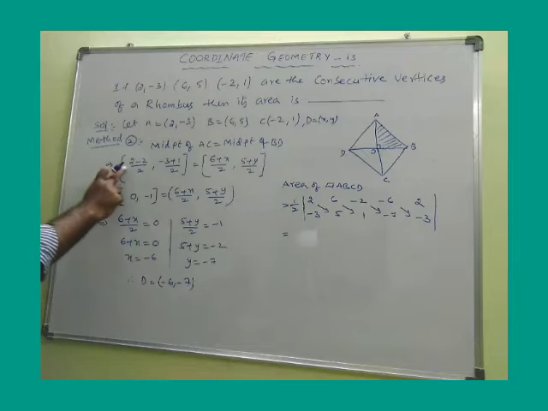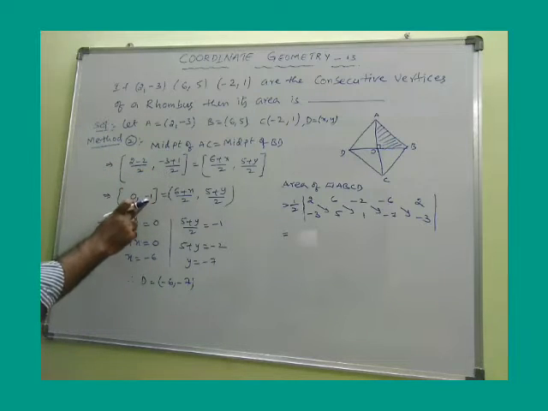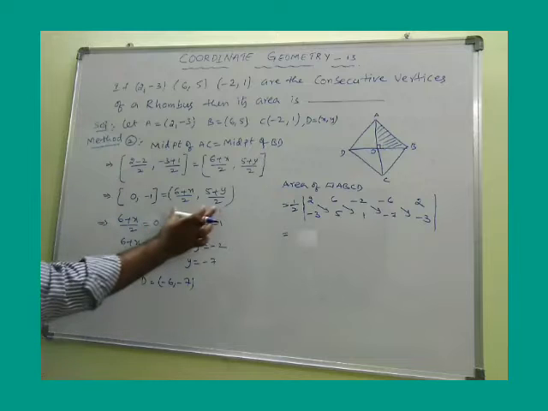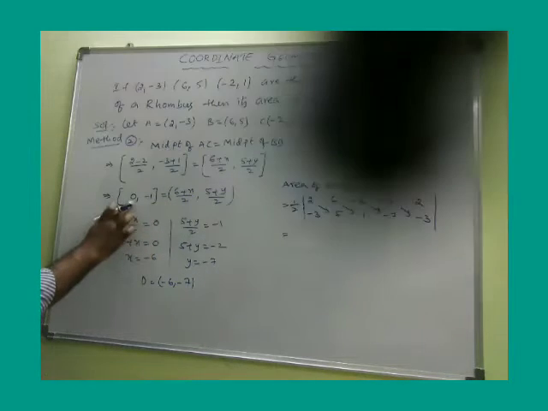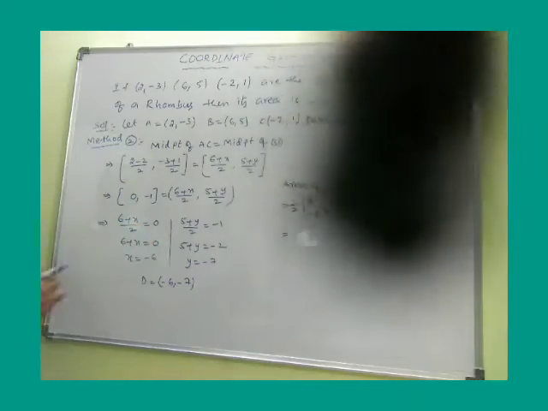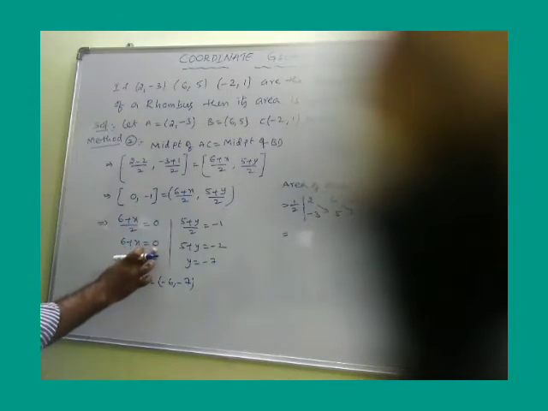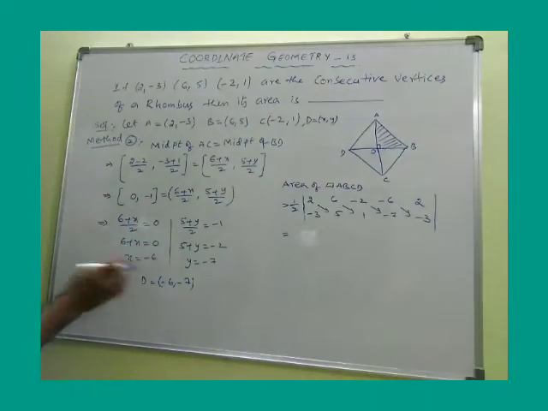So anyhow this is 0 by 2, which is 0, minus 2 by 2, minus 1, which is equal to (6 plus x by 2, 5 plus y by 2). So we can equate x coordinates and y coordinates. Therefore 6 plus x by 2 is equal to the x coordinate 0, on cross multiplication 2 into 0, 0, and finally x is minus 6.